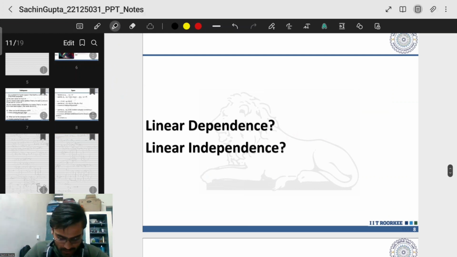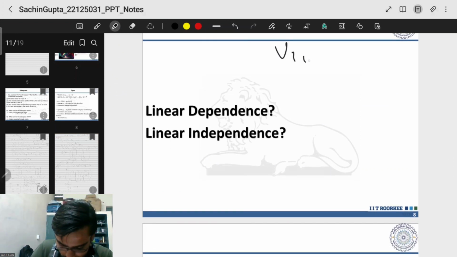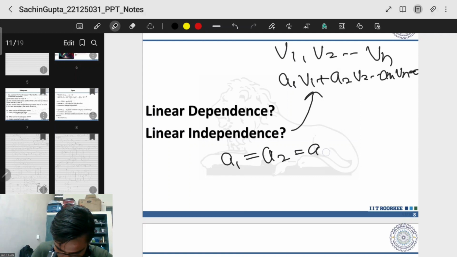Now, linear dependence and independence. Suppose we have n vectors. For linear independence, for this condition to be satisfied, a1 equal to a2 equal to a3 up to an all must be 0.